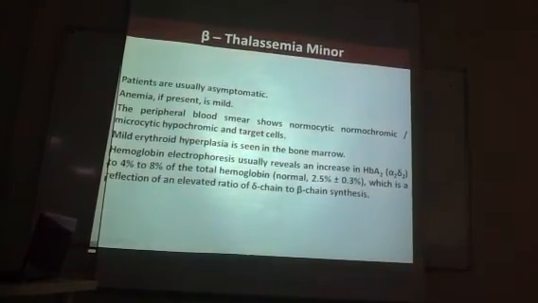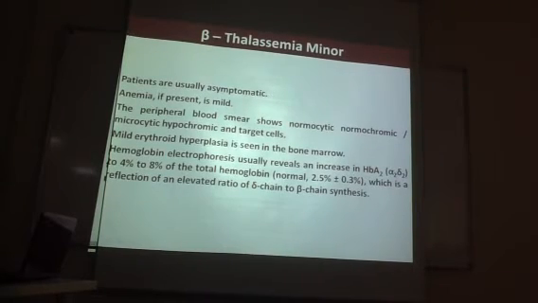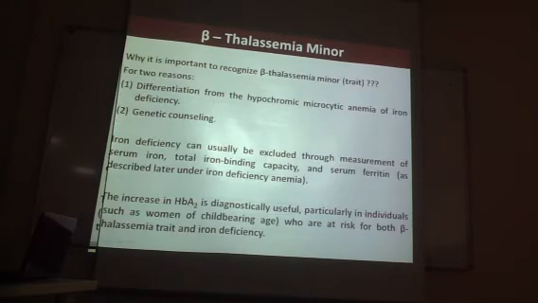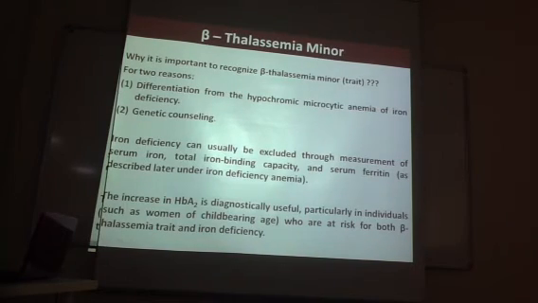Okay, if serum ferritin is normal, then you have to seriously look into the hemoglobin electrophoresis. Understand? So identify them from the carrier, thalassemia minor versus iron deficiency or any other deficiency. Understand? So these are the two things which are very important to know why beta thalassemia minor is very important.